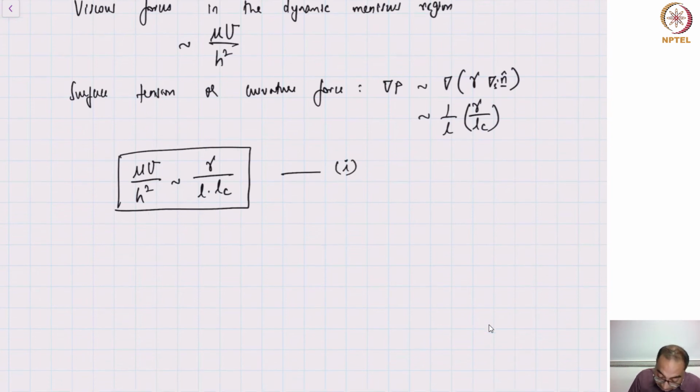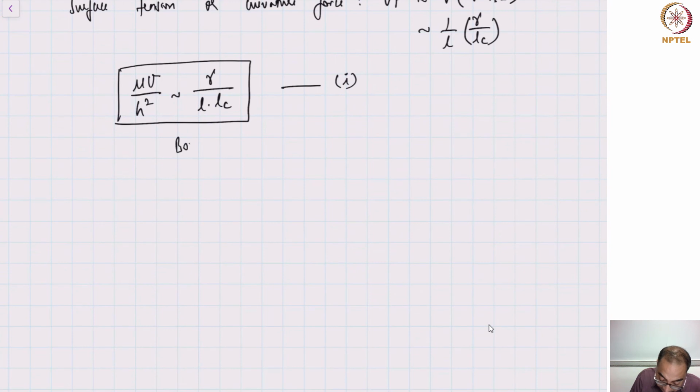Now in this relationship, both H and L are unknowns, so we need another relationship to determine H in terms of other parameters.